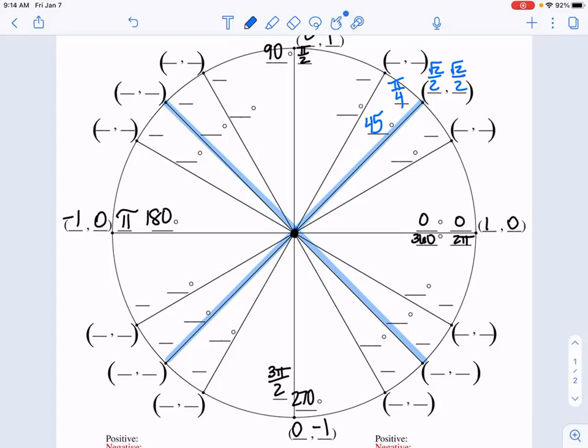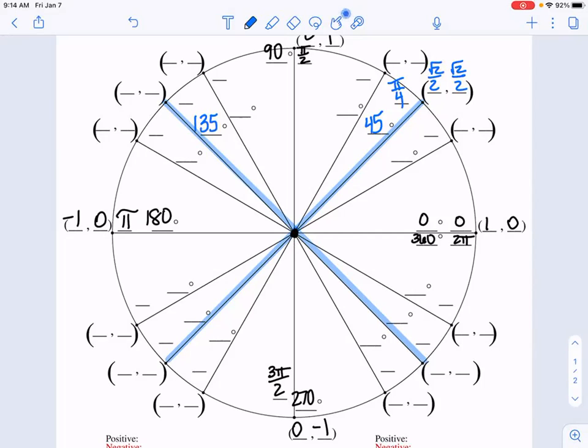So now, if I put my triangle right here, it looks like I am 45 degrees away from 180. How many degrees would that be? 180 minus 45. 135.